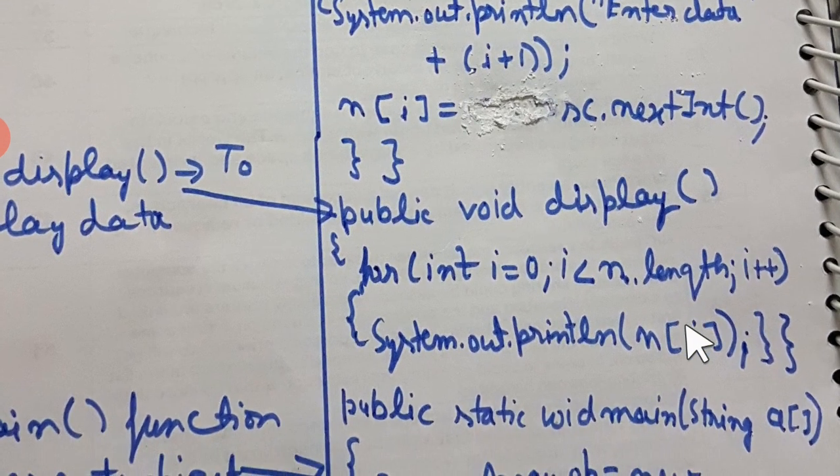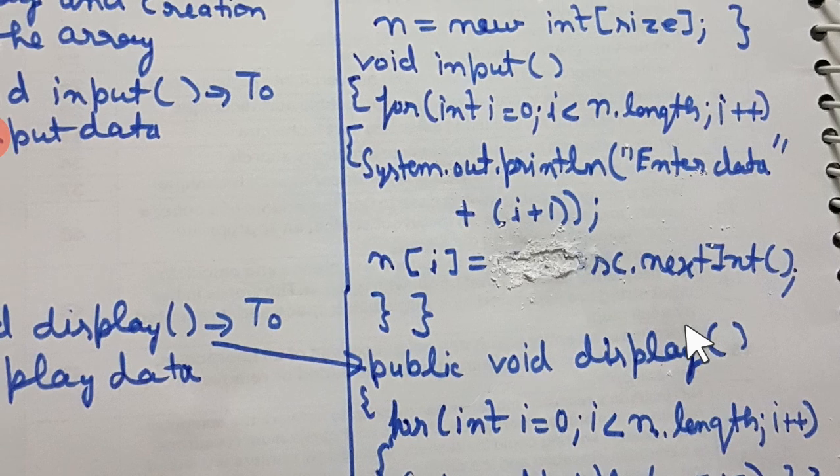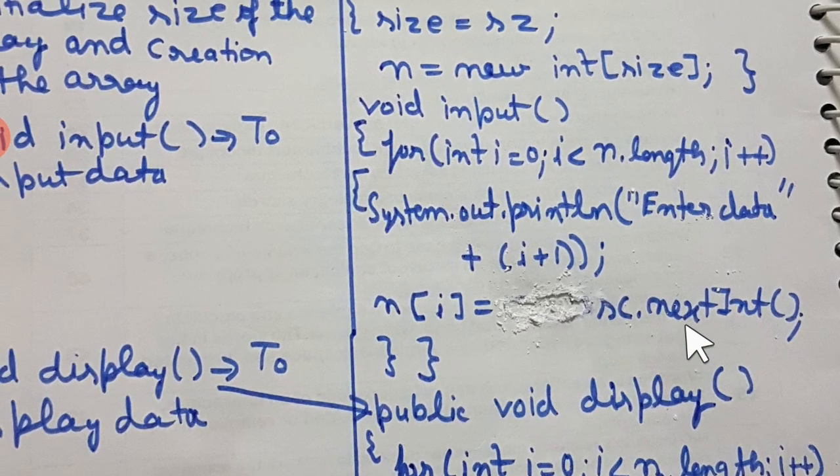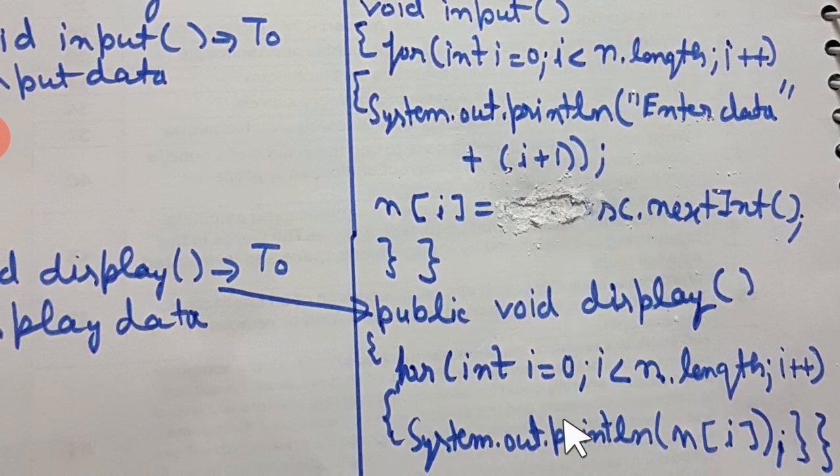And then how to display the data. Students, I want to tell you a very important thing. It will make things quite easier for you to learn: I have used the same loop which has been used in the input. The same loop has been used here in the display. Why? Because what is common here is that I am moving from index 0 to the last index, because I have to enter data to all the indexes in a sequence.